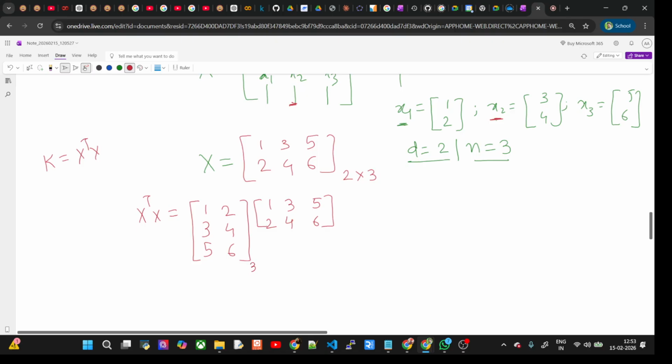This is a 3 cross 2 matrix times a 2 cross 3 matrix, and if I calculate it, the final result is 3 cross 3, which is 5 11 17, 11 25 39, 17 39 61.